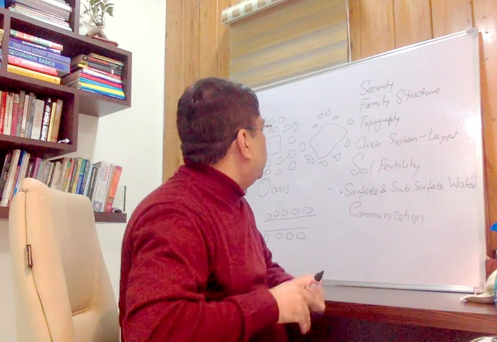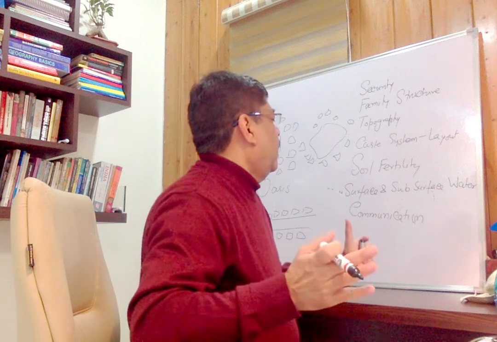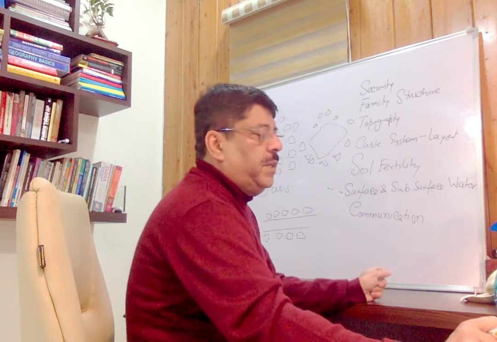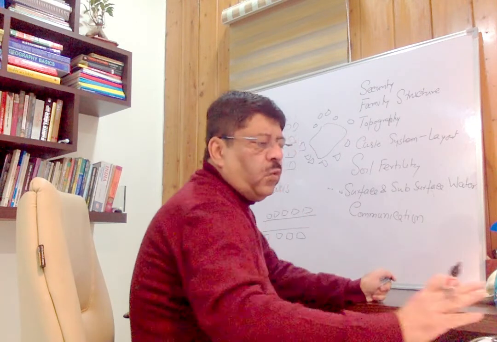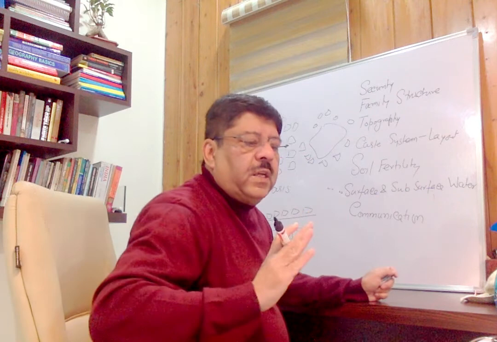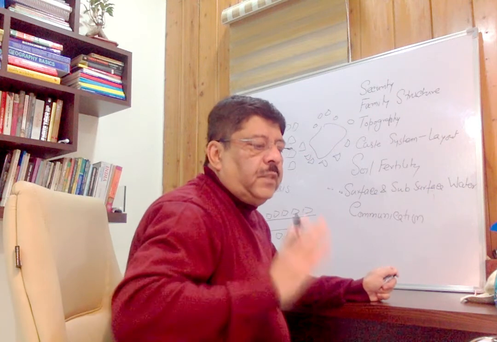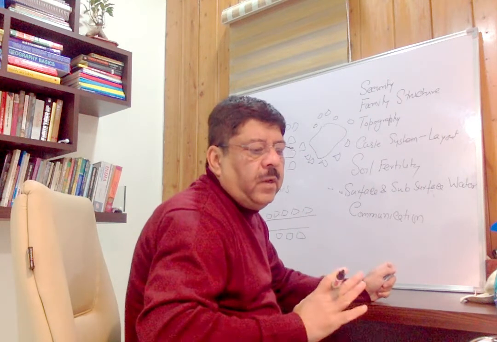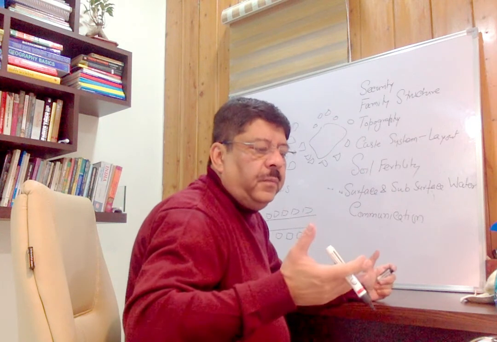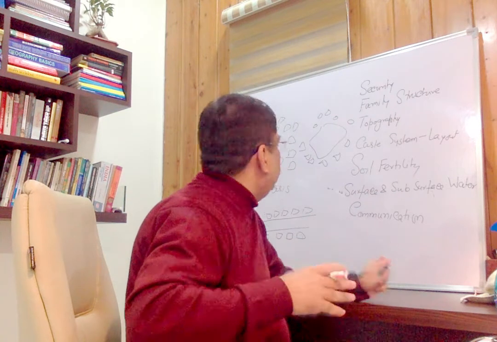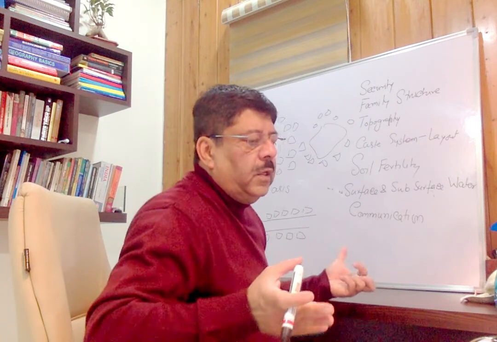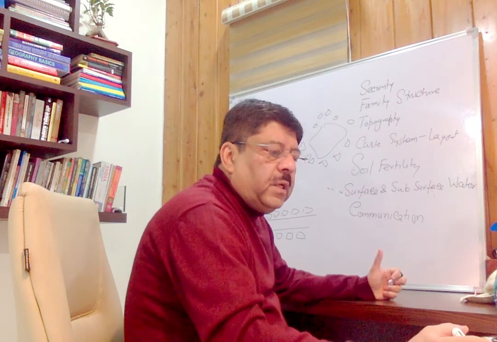Or the settlement is on the bank of the river, or the mouth of the river, as we discussed yesterday, because water availability is there. Subsurface water also plays a role. If groundwater is available, it can be harnessed for irrigation.